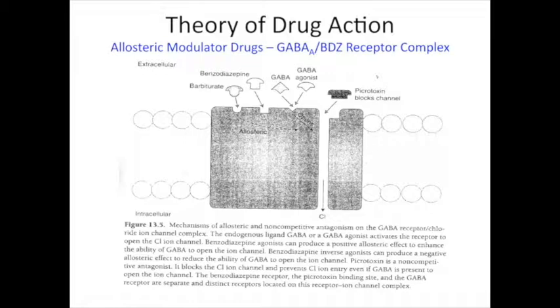So benzodiazepines are agonists at the benzodiazepine receptor, but the benzodiazepine receptor is an allosteric modulator of the GABA-A receptor. So you can have agonists, antagonists and partial agonists at an allosteric site as well. In the normal course of events, chloride is coming into that cell because GABA is always activating that receptor.